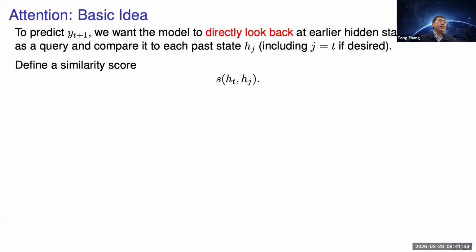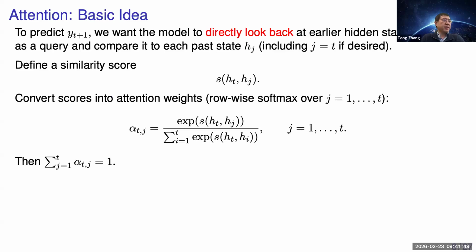I find a similarity score, basically saying something is similar about this state versus earlier states, and then I use weighting of the earlier information. This gives a weight, looking at history and current, whether similar patterns appear. s(h_t, h_j) will be the similarity of the current state, h_t, and the earlier state, h_j.